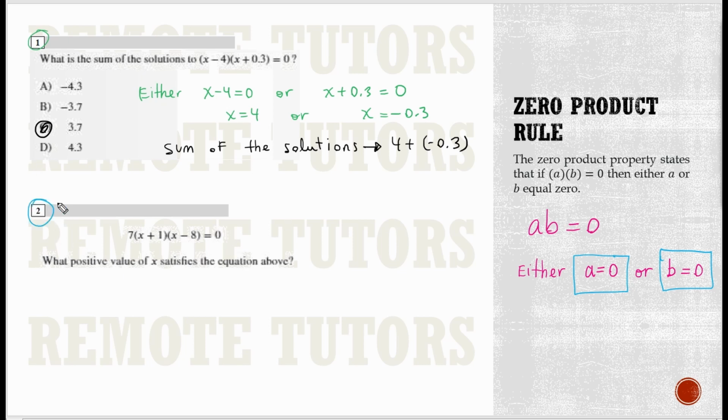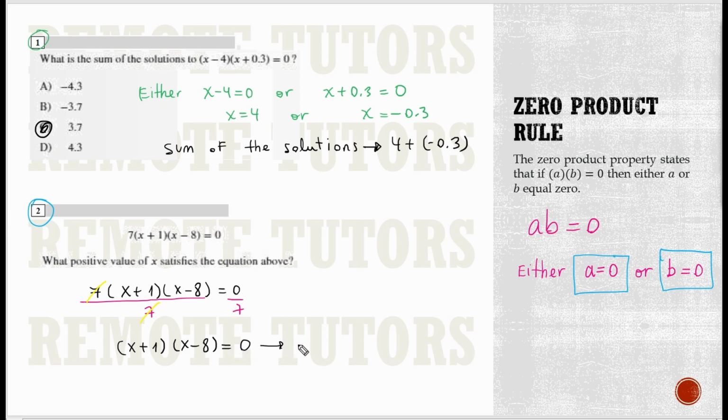Now, in example number 2, it's very similar. First, let's get rid of the 7. So we will divide both sides by 7. 0 divided by 7 is 0, so you have x plus 1 times x minus 8 is equal to 0.